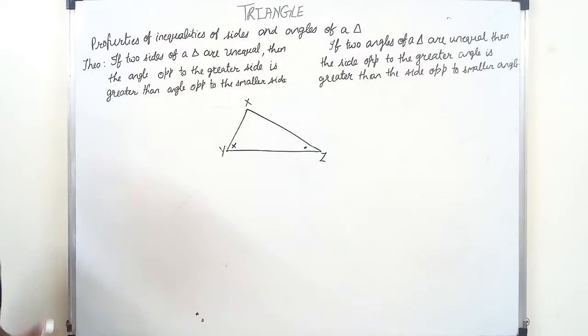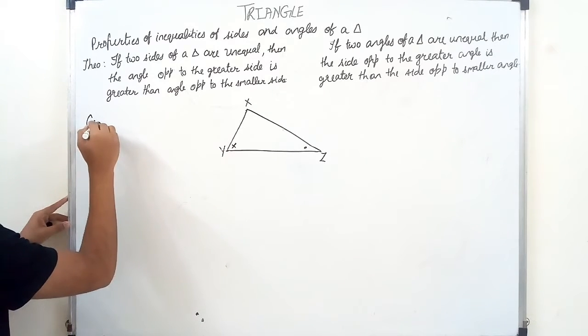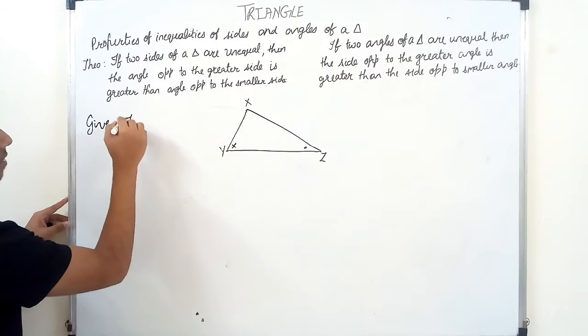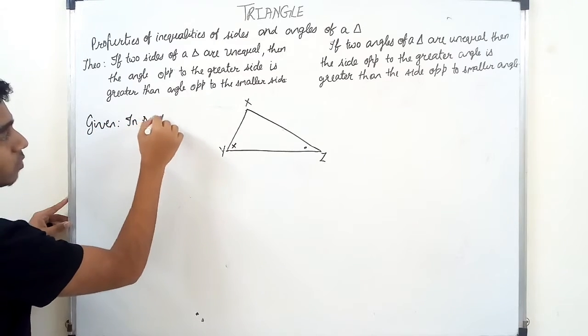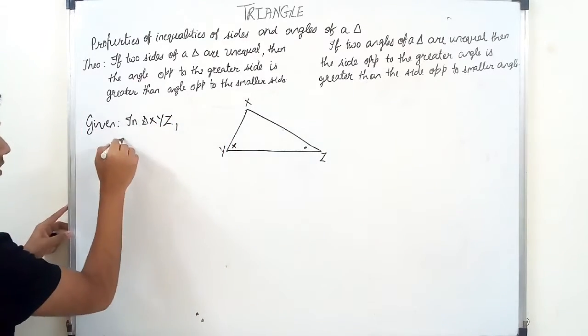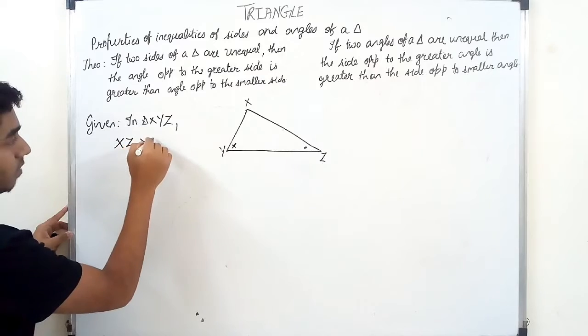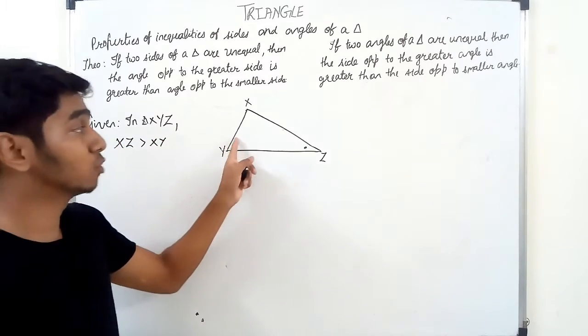Let's see the theorem now, what it says. So what is given here for us is in triangle XYZ, what is given? XZ is greater than XY, correct? And what are we supposed to prove?